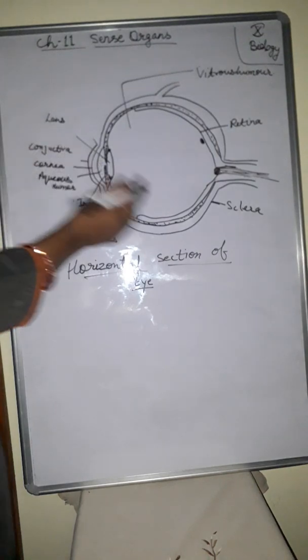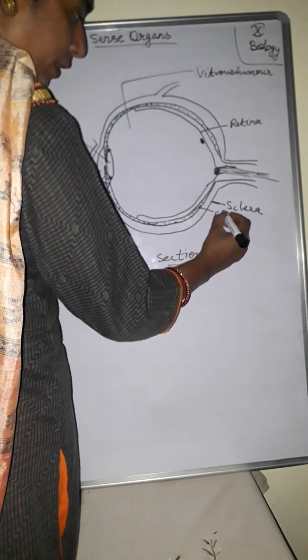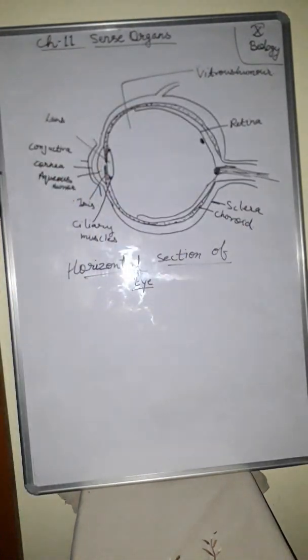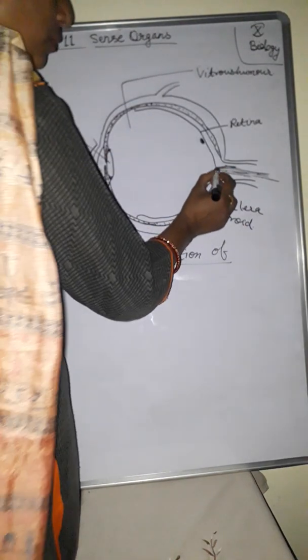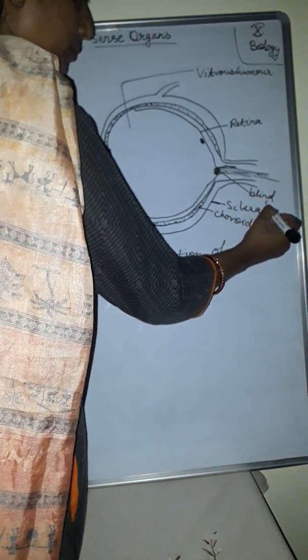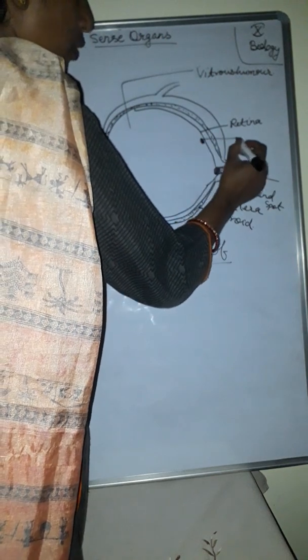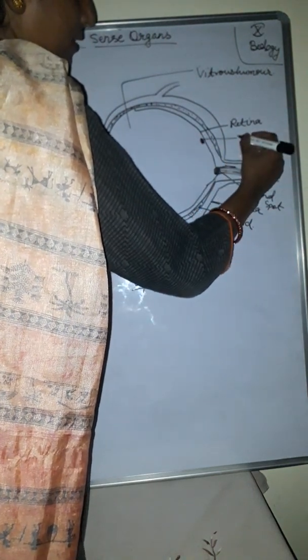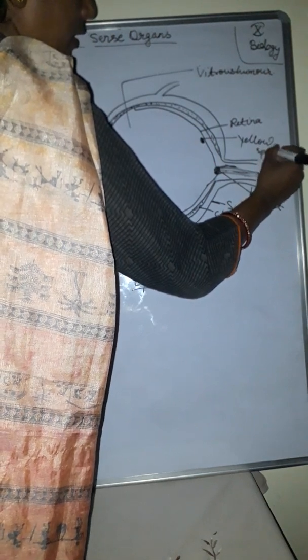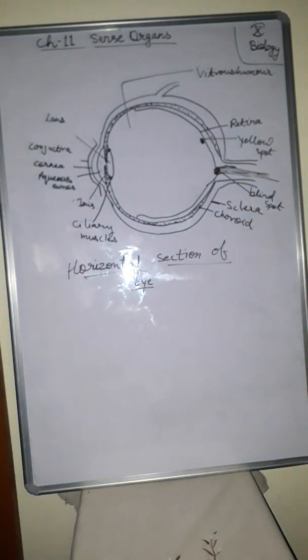And the middle one is choroid, and the inner one is retina, as you know. This spot is called the blind spot, and this spot of best vision is the yellow spot, also called fovea centralis.